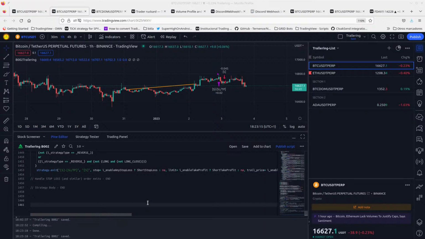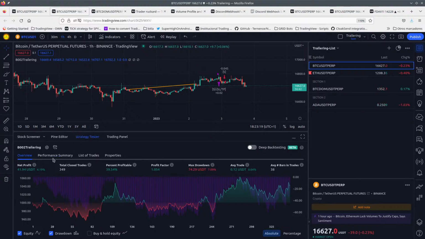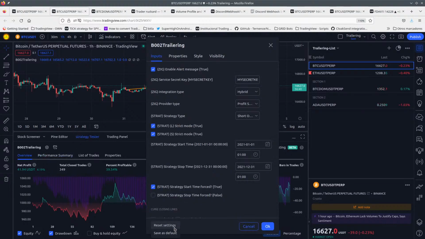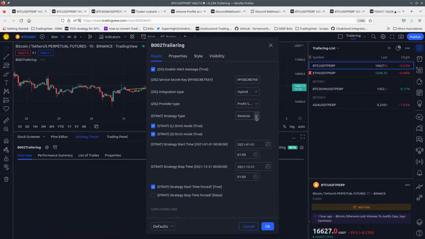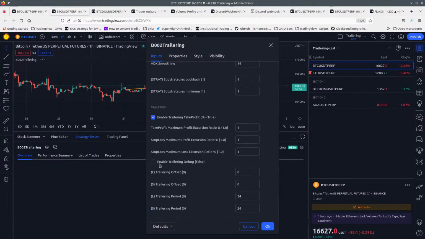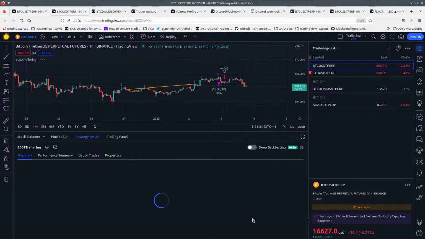Okay, so now we should go here, reset everything, and change this to long only. Down there we can enable this debug stuff.